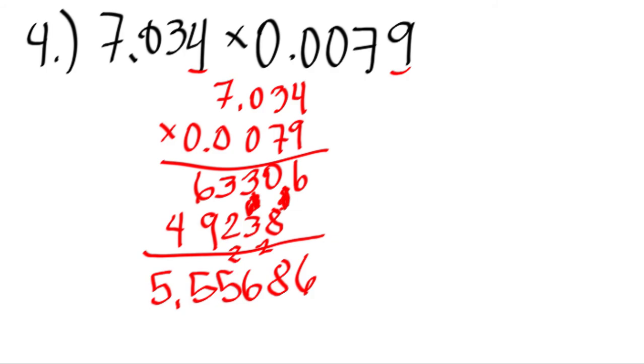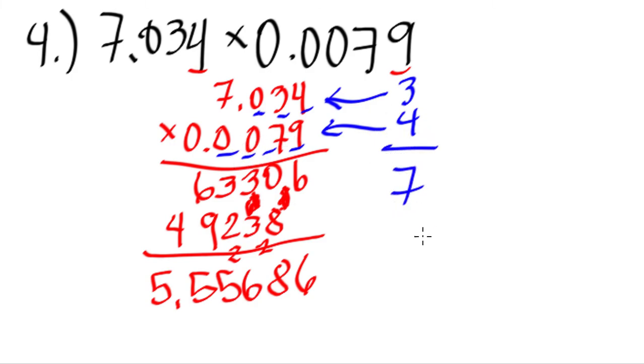Then what we need to do is take care of the decimal place to be put on the product. In the first factor, we have 3 digits to the right of the decimal point. In the second factor, we have 4 digits to the right of the decimal point. So we have 7 all in all. Take note, this is not a decimal point, this is a carry.